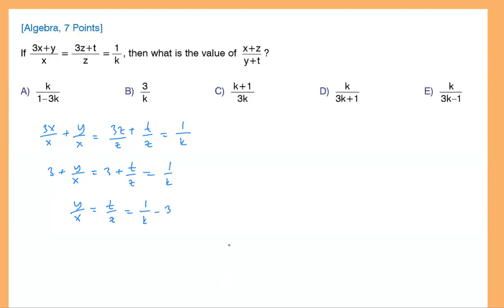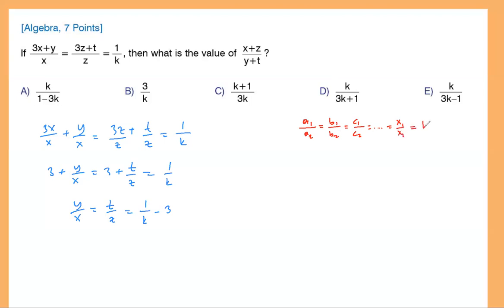At this point, I'll remind you of something that, if you don't know it, we can try to remember as well. Whenever you have a fraction, let's say a1 divided by a2, and this is equal to b1 divided by b2, and let's say this is equal to c1 divided by c2, and if there is a bunch of fractions that are equal to, let's say, x1 over x2, it doesn't have to be those variables.